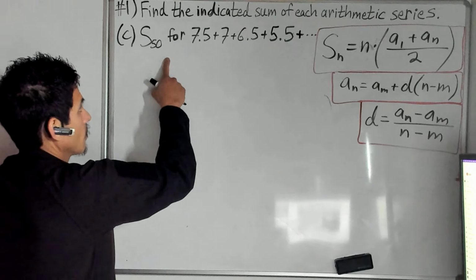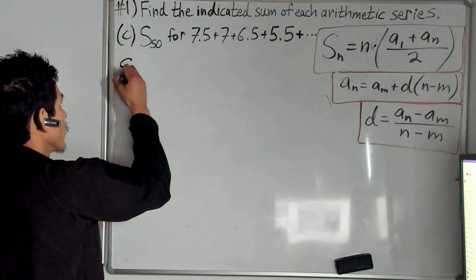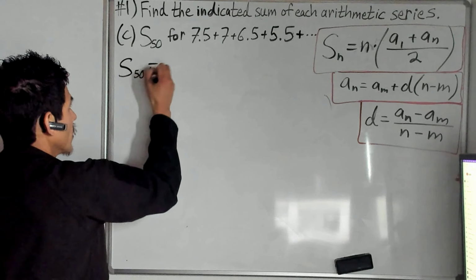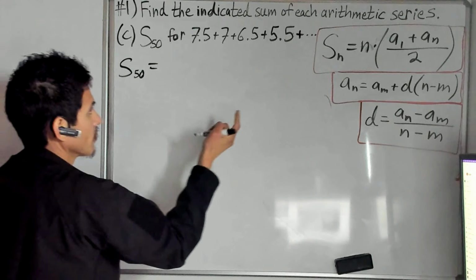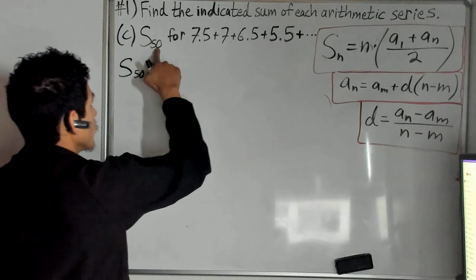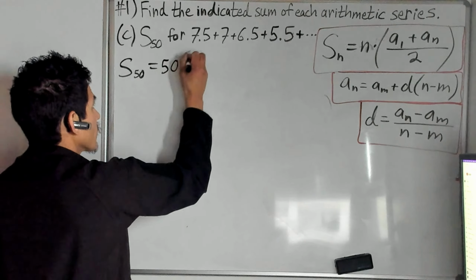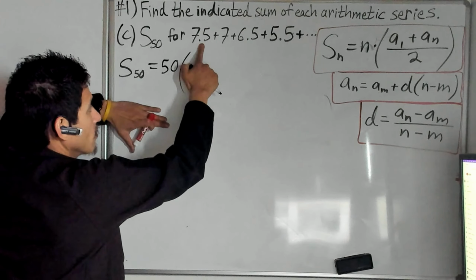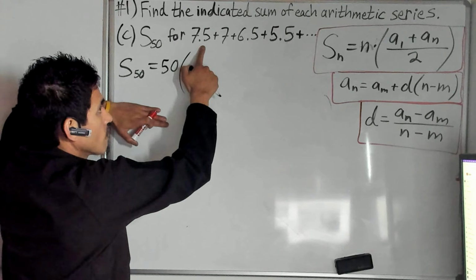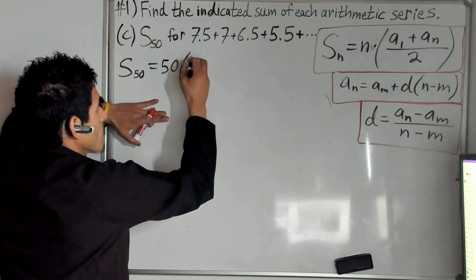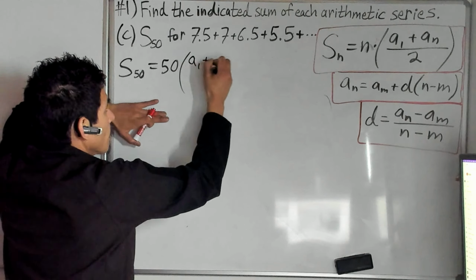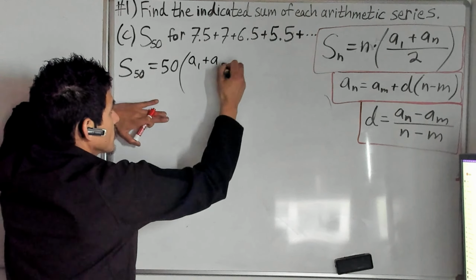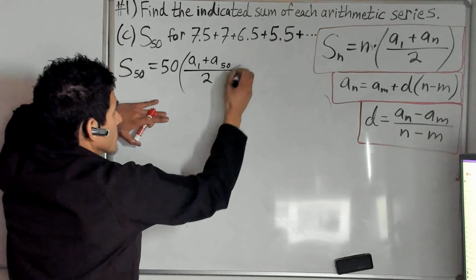Well, let me go through it. We want to find S50. I'm going through these faster now because we've redone a couple. n is 50. a1, so we can go 7.5 plus an, or a50 in this case, over 2.